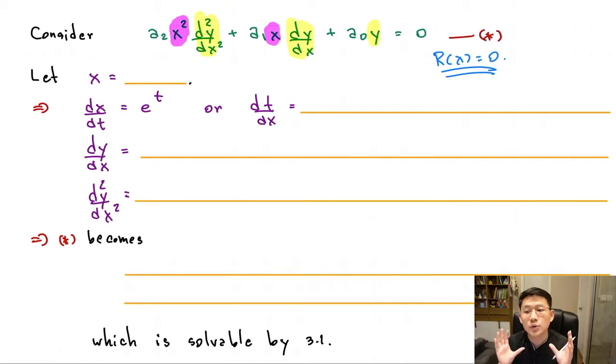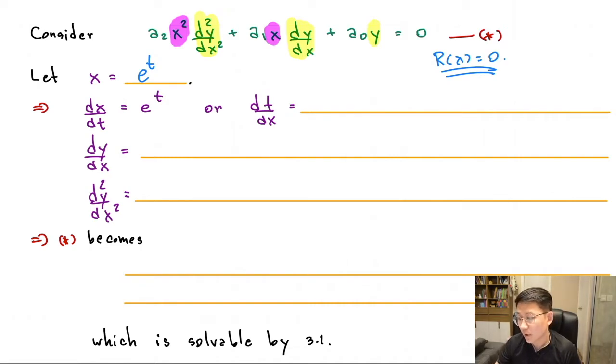So if you see a question in this form, you should be able to identify that it is Cauchy-Euler. The way to solve it is that first we let x be e to the t.